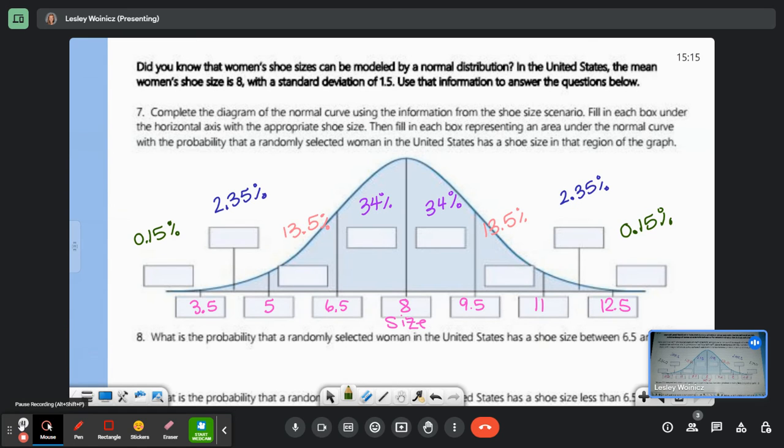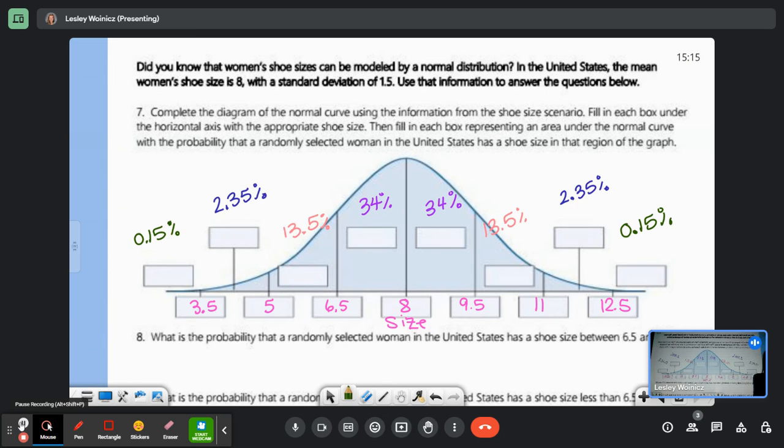It says fill in each box representing an area under the normal curve with the probability that a randomly selected woman in the US has a shoe size in that region of the graph. It doesn't tell you how many people were surveyed. So let's pretend that we had 1,000 women. 34% of them have a shoe size between 8 and 9.5.